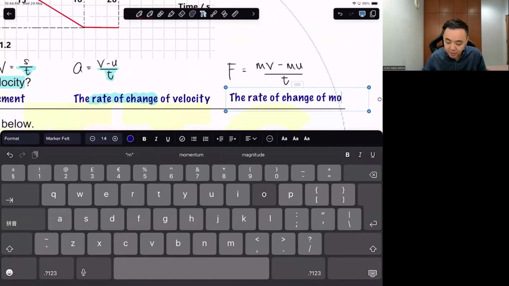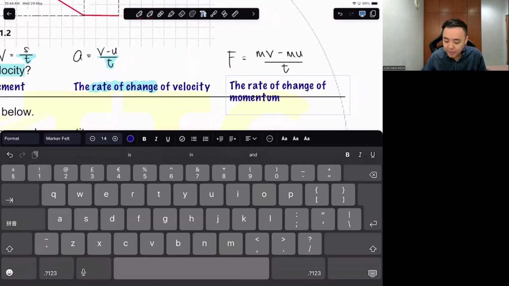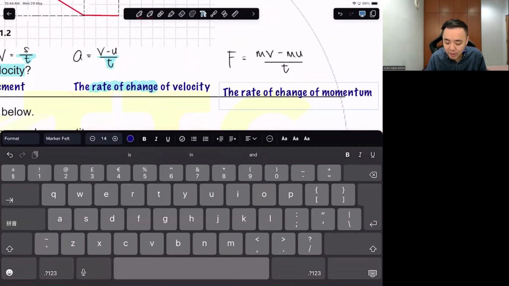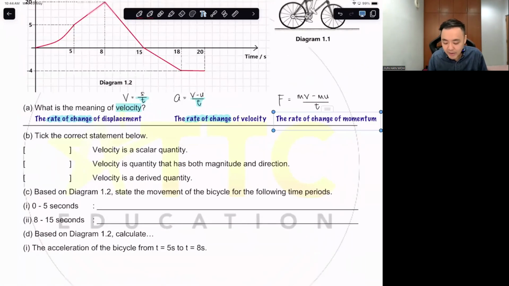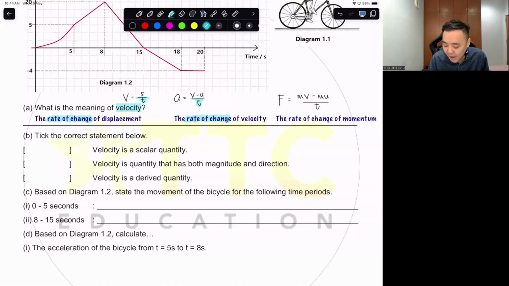Yes, rate of change of momentum. So this is how you can use this rate of change idea to remember formulas. I mean, not every one of them. Whenever you see divide time, there you go. Follow? Okay, rate of change.